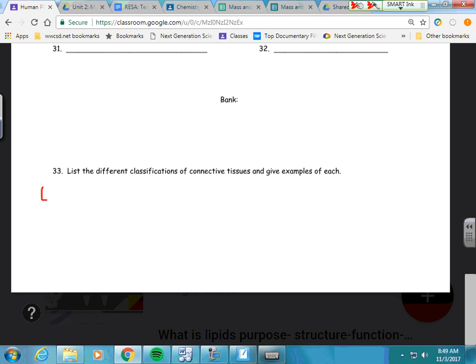First of all, we can have loose and dense connective tissue. So an example of loose connective tissue, we would see fat. Dense connective tissue would be like tendons and ligaments. Okay. We can have fluid connective tissue.